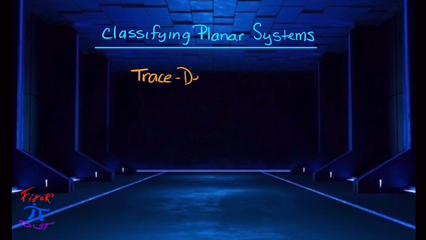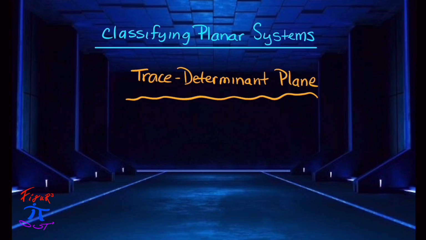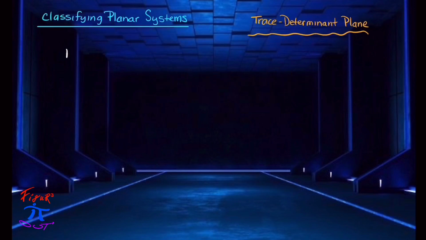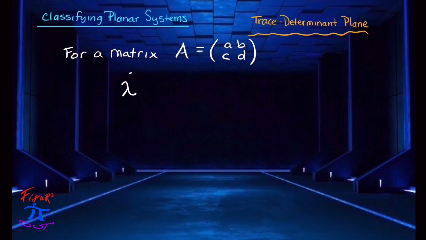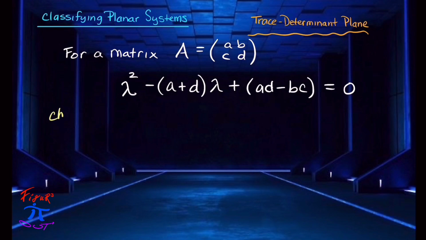And this is going to be done by creating something called the trace-determinant plane. For a matrix A given with the coefficients A, B, C, and D, the characteristic equation comes out to be lambda squared minus (A plus D) lambda plus AD minus BC equals 0.